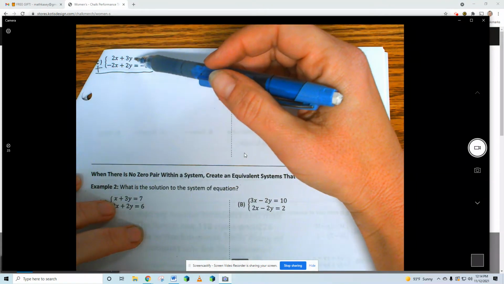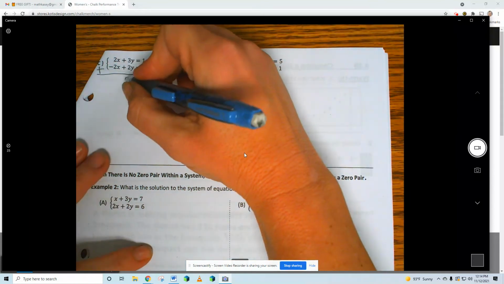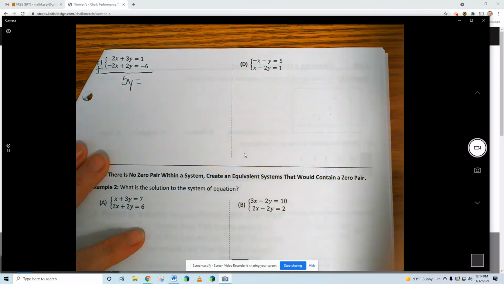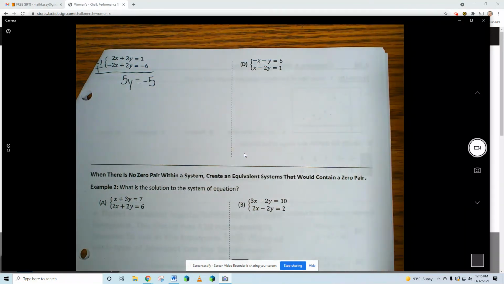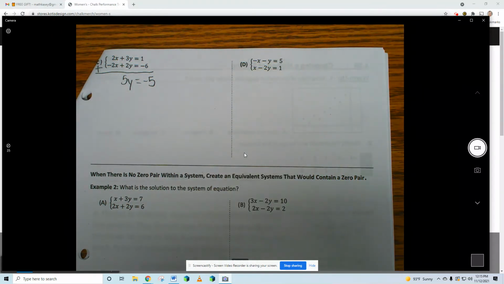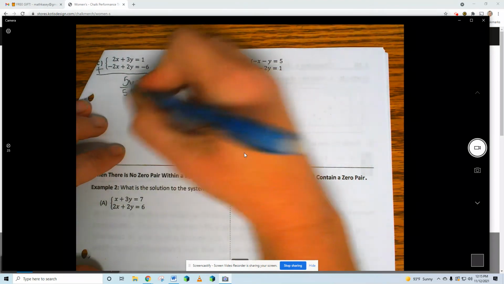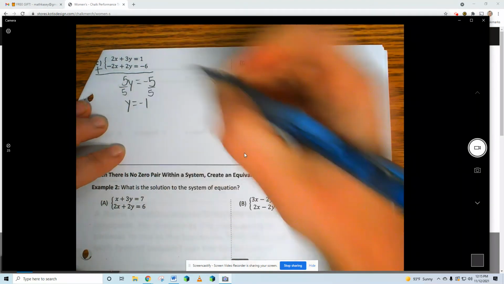What is 3y plus 2y? What is 1 plus negative 6? Negative 5. If a variable doesn't cancel, then you're doing something wrong, or you've got to change up the numbers. So y is negative 1.